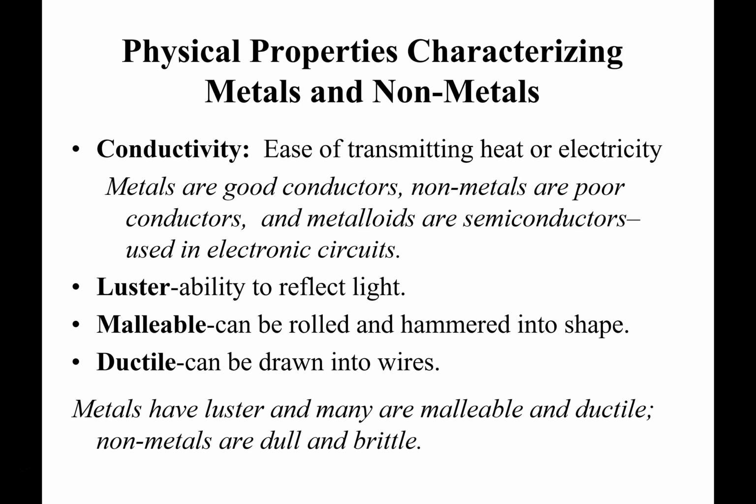Okay, they're good conductors. Non-metals, not so much. These three kind of go together. When I think of a metal, I think of copper or aluminum, and I think it's shiny, that's lustrous. I think it's malleable, which means I can flatten it out. Ductile is related to malleability. Can I draw it into a wire? So in those terms, I think metals got it going on and non-metals don't, and you're right.